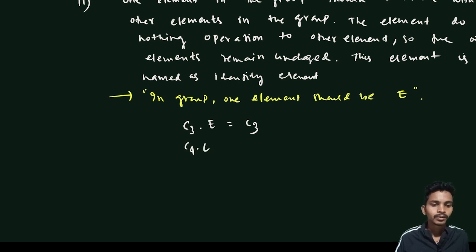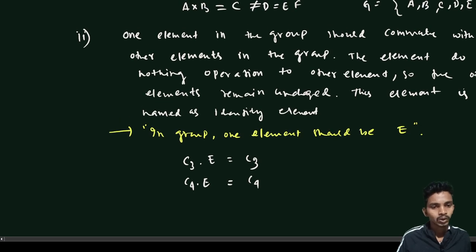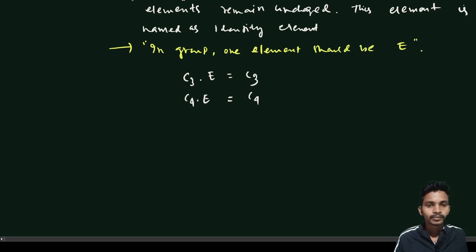Similarly for C4, if I apply E, then it is C4. With any operation, if we apply E, then the same operation will come. So this is the second rule that a group should follow.